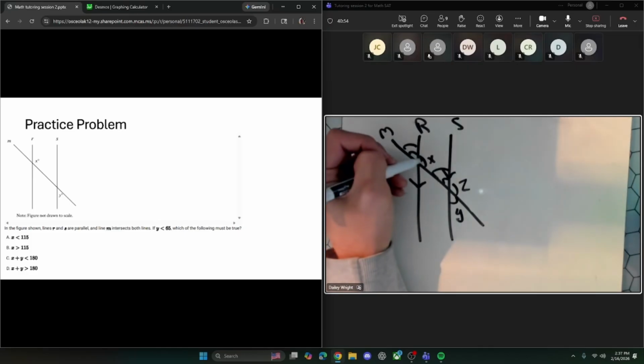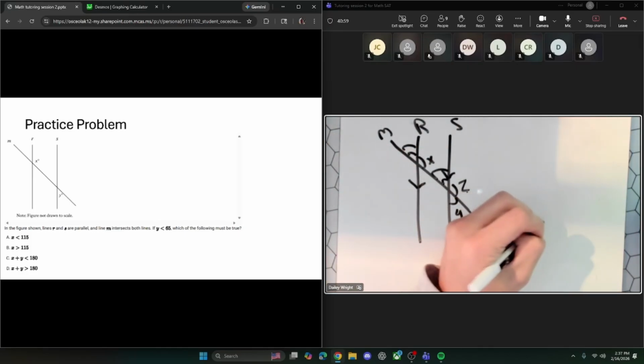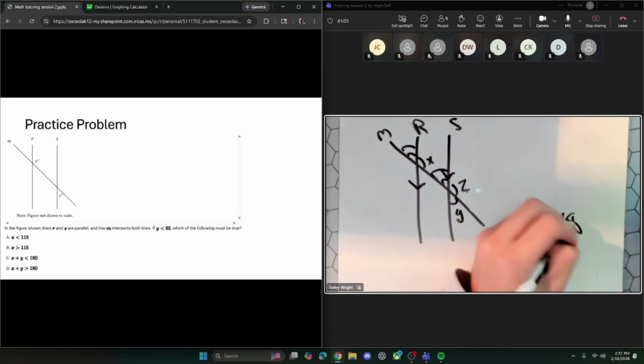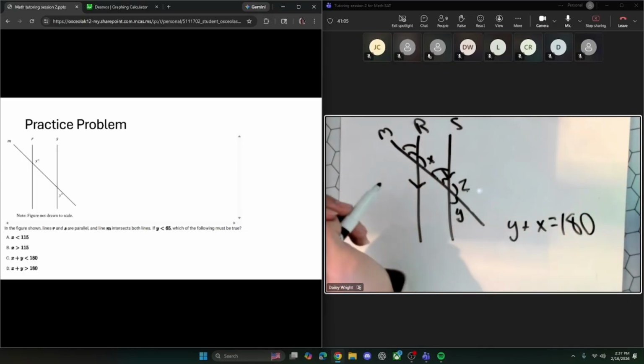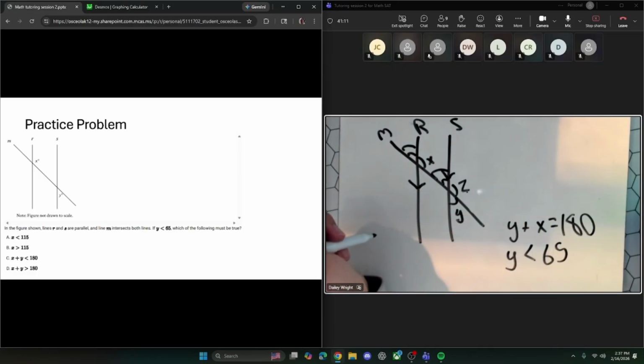So we know that X and Z are equal, so that means Y plus X equals 180. If Y is less than 65, what must be true?